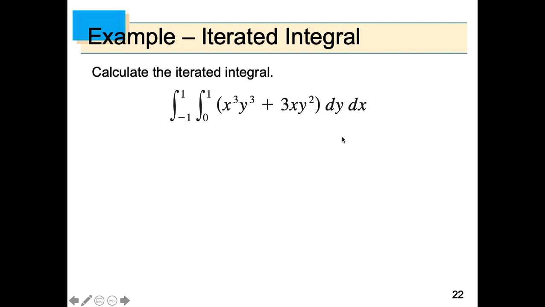The dy is physically placed here, and this is very important, because whatever integral is closest to it will be the y values. And outside of that is dx, which means whatever integral is outside is going to be our x values. That's a very important point, especially when we get to triple integrals.